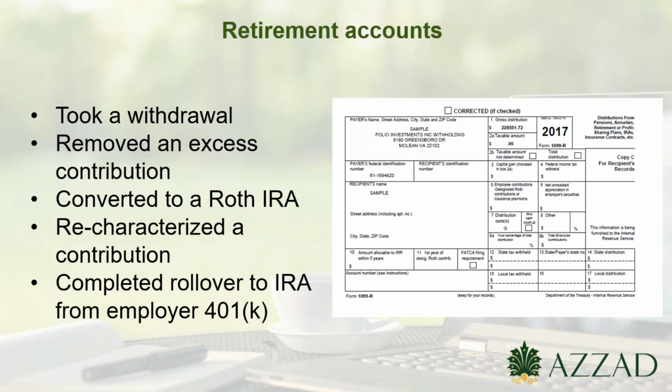Receiving a 1099-R does not always mean you will owe the IRS taxes. However, it does mean that you will need to report the information on the form on your tax return. You will receive your 1099-R by mid-January for mutual fund accounts and late January for brokerage accounts.